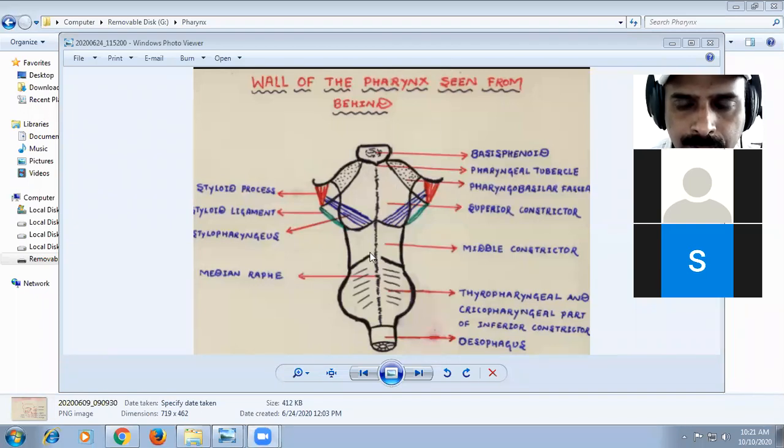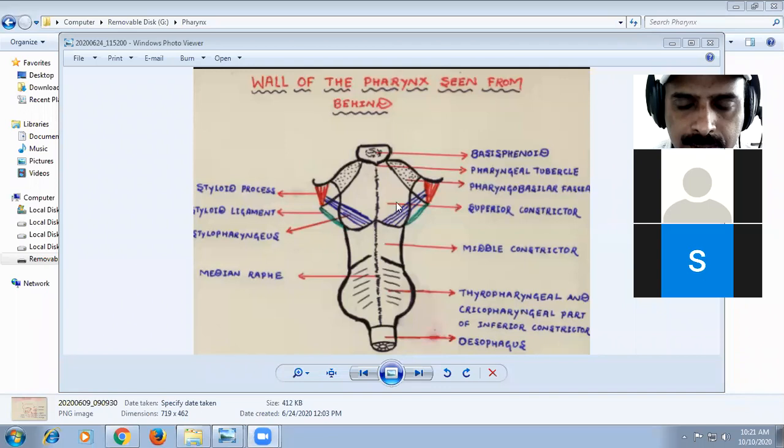In the pharynx, these 3 types of muscle originate anterior to the posterior opening of the nose, mouth, and larynx. That means the origin is from the posterior part of the nose, oral cavity, and larynx.